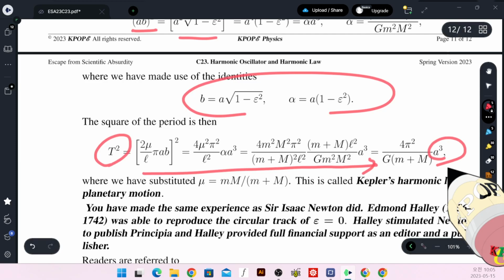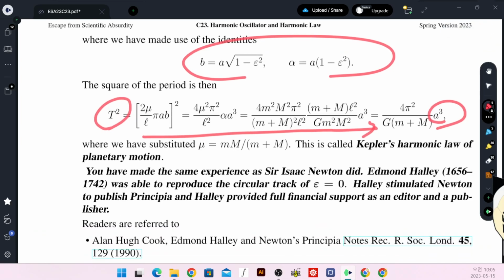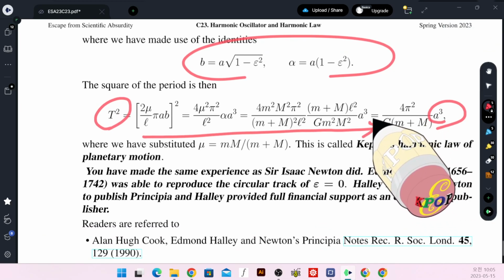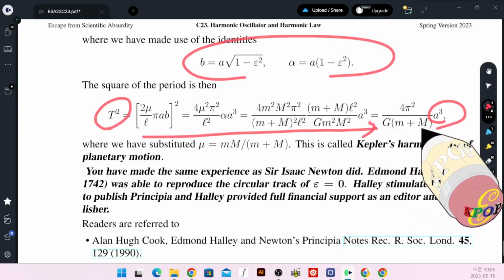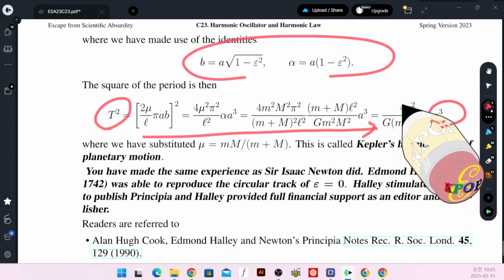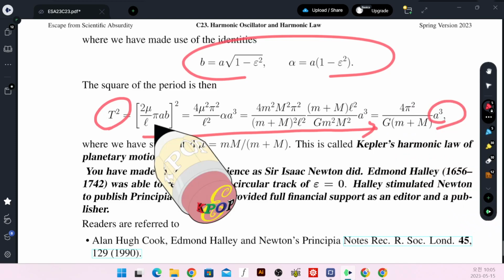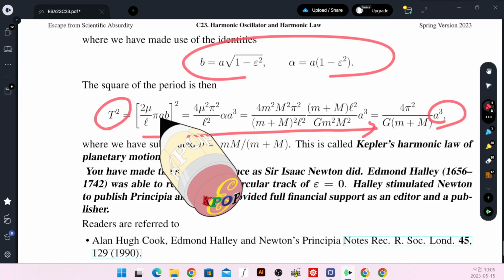Newton was able to find this relationship, with his constant of universal gravity, the sum of the two masses, and a factor coming from the area of an ellipse.